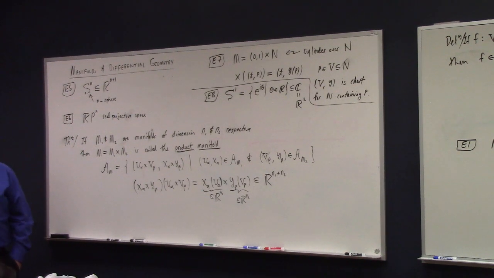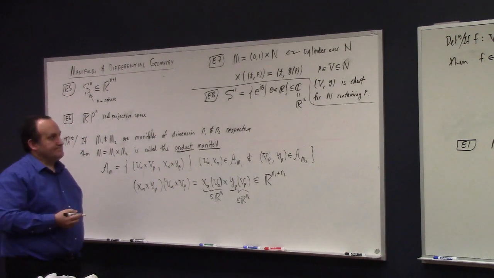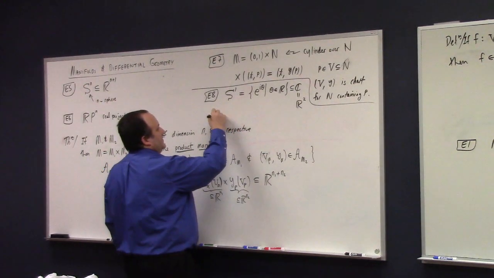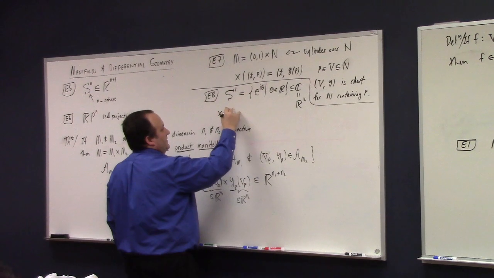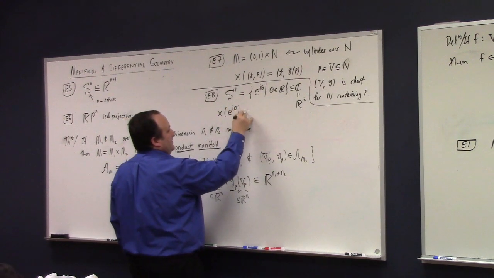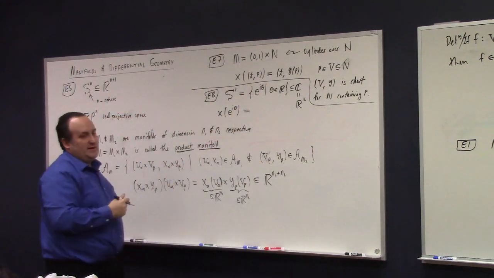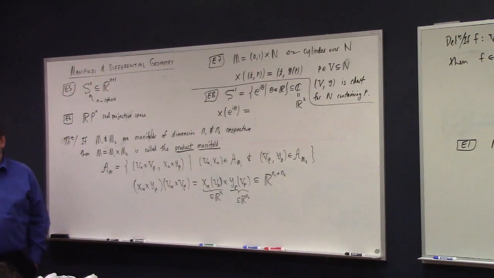What's a chart on the circle? If I have x of e to the i theta, how do I define it? I mean, a circle is a one-dimensional manifold, right? What's the chart on the circle?